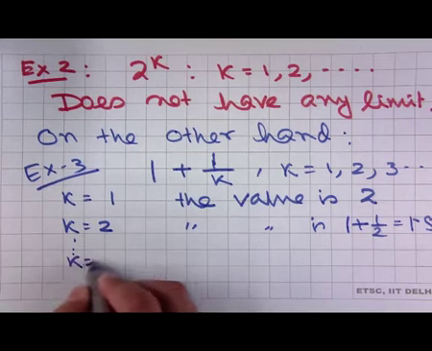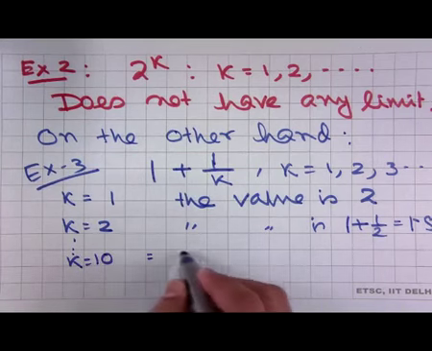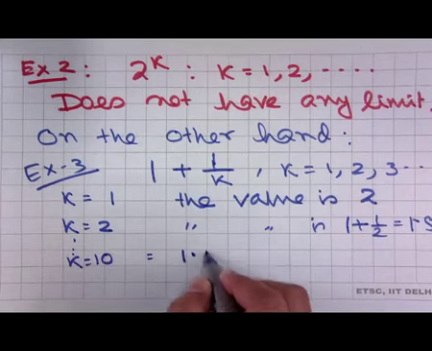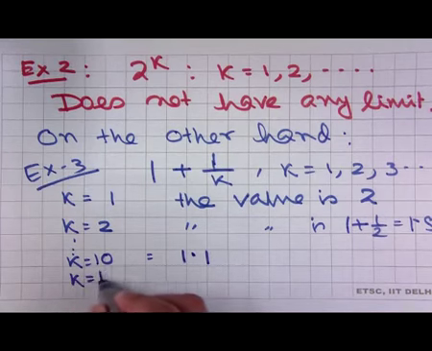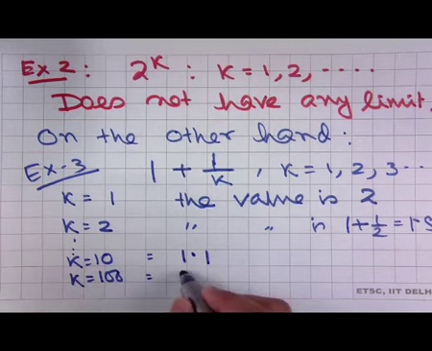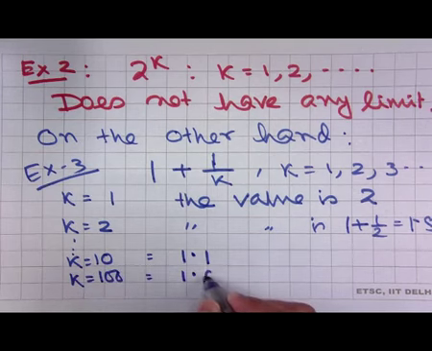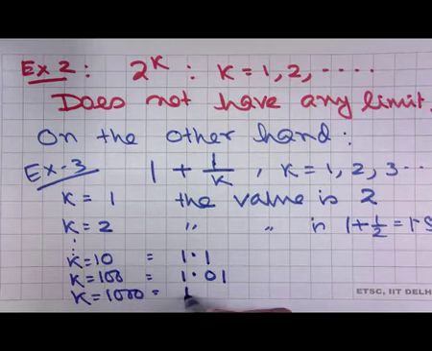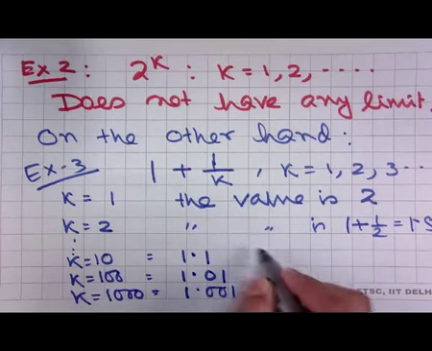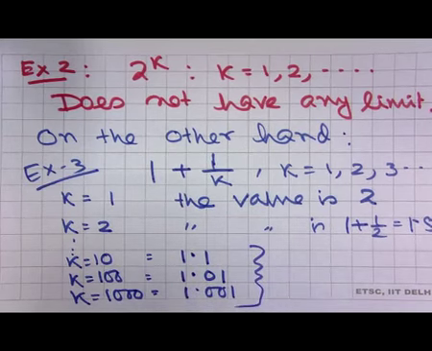At k equal to 10, it is going to be 1.1. K equal to 100, it is going to be 1.01. K equal to 1000, 1.001. What do I find?